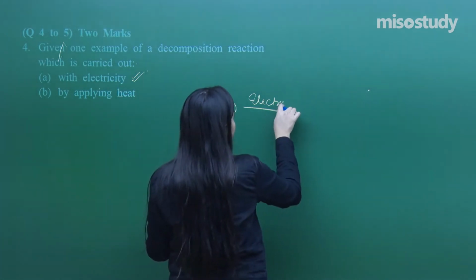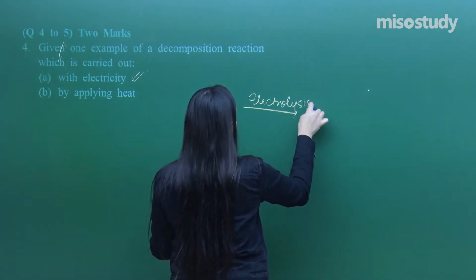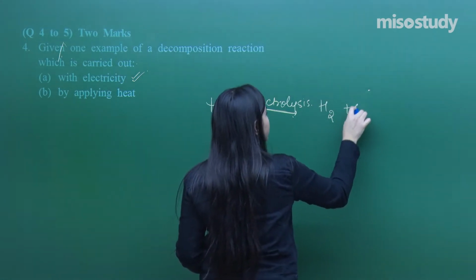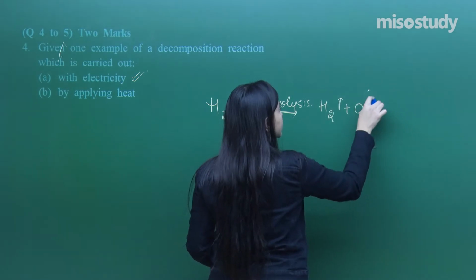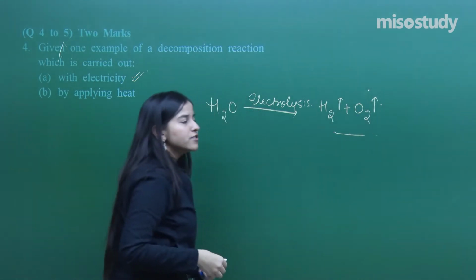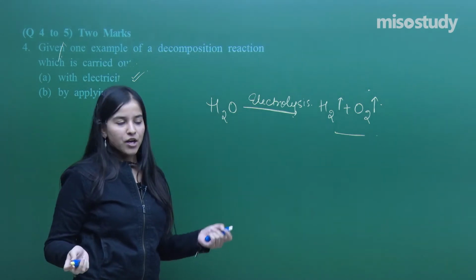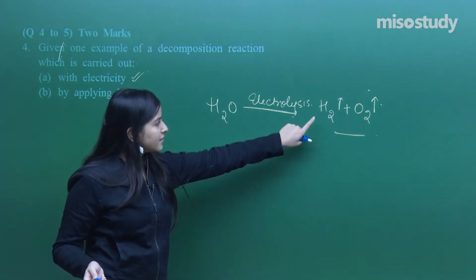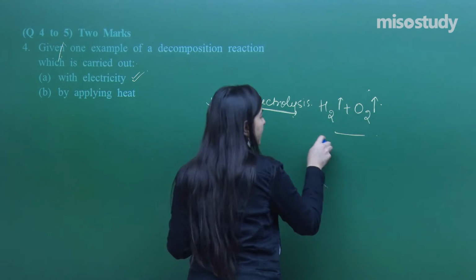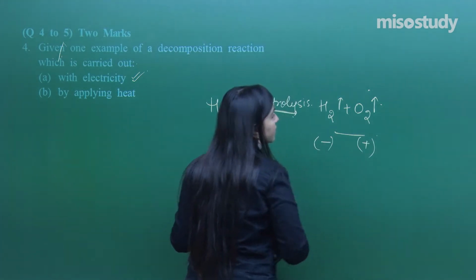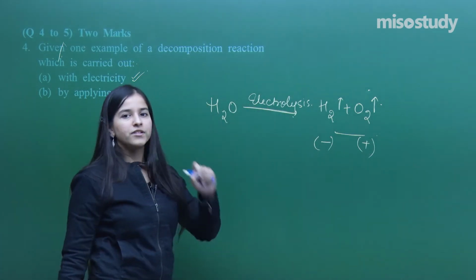We pass the electricity through the electrodes. Electrolysis is the name, and we get hydrogen gas and oxygen gas separated out, evolved at the cathode and the anode. That means the negative terminal as well as the positive. On the negative terminal, hydrogen gas gets evolved, and on the positive, the oxygen gas.